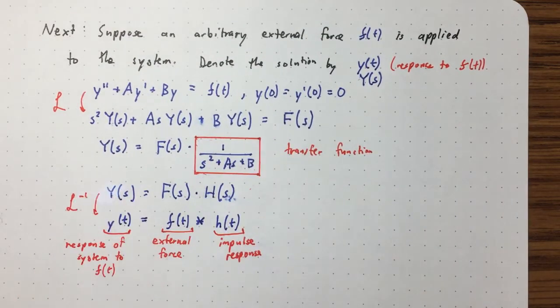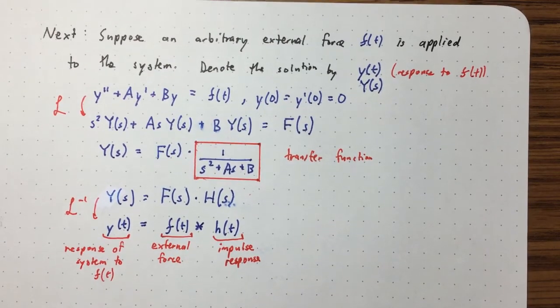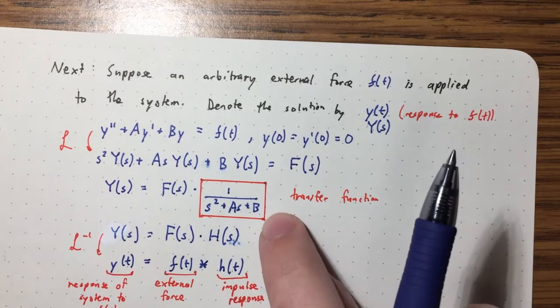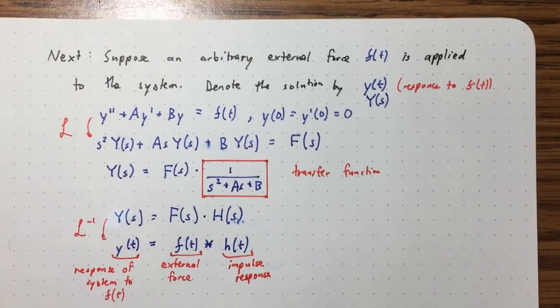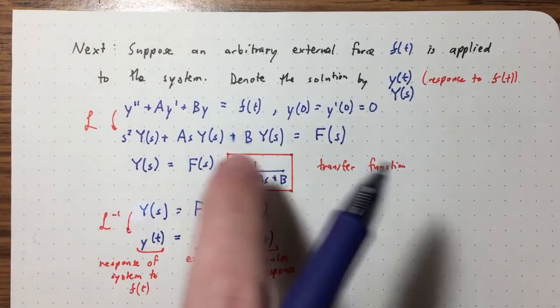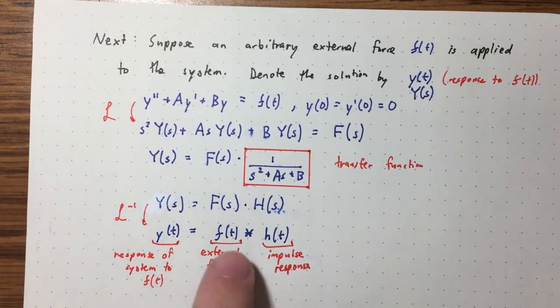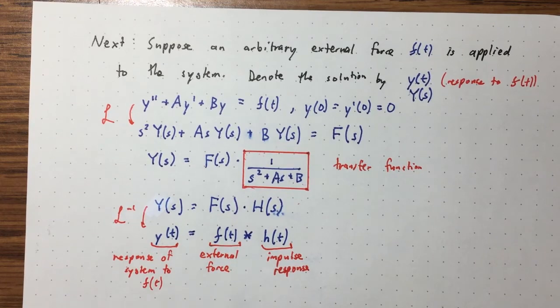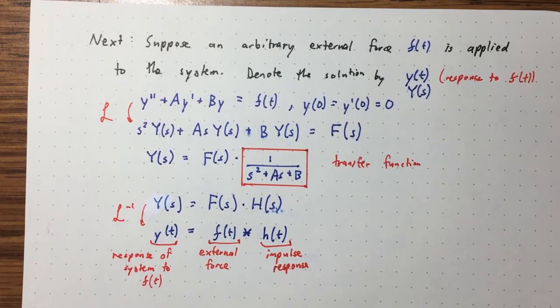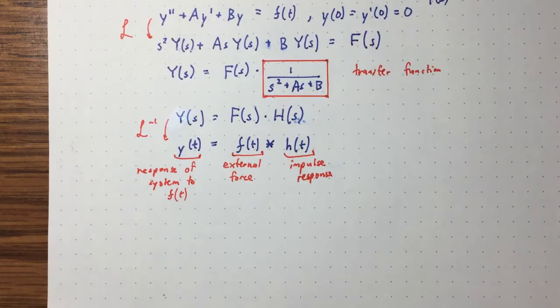And then by just taking the inverse Laplace transform, we can figure out how our system will respond to this external force. Okay, so this transfer function is really important. It's intrinsic to the system. But by using Laplace transforms and convolution, we can actually just right away calculate how our system will respond to any external force. I just think this is a really cool idea.